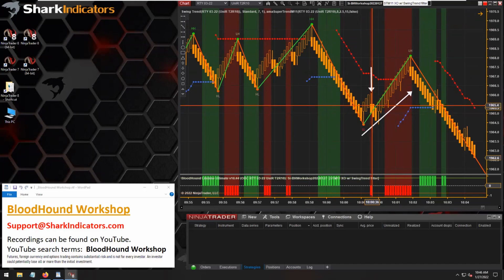So as the market's moving up, this upswing is developing as a lower high. Here's our first bar where it starts identifying the lower high, until it gets locked in.